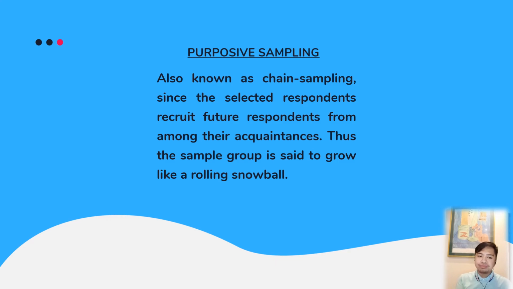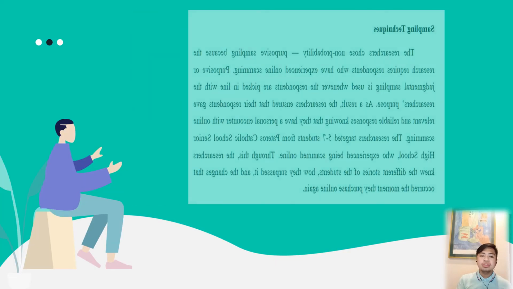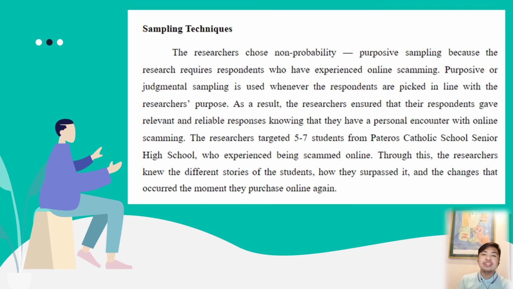Okay? Now, let's try to understand an example here how the researcher wrote that section of sampling techniques. So, if you look closely at the example, the writer indicated directly what type of sampling will the research use. So, non-probability. And then, in-specify niya anong type ng non-probability, purposive.